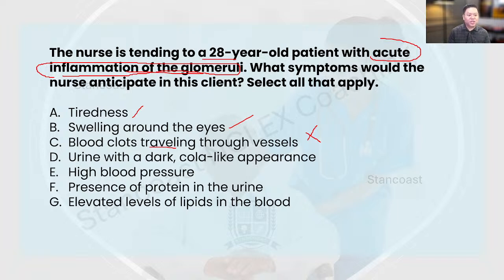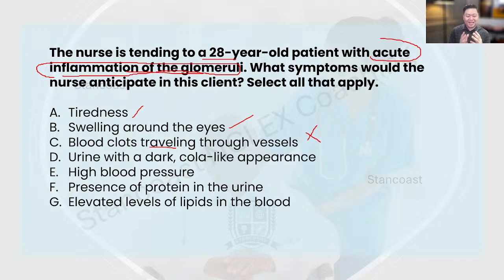Now, letter D, urine with a dark cola-like appearance. Did we mention that yesterday? Yes. So, the presence of the cola-colored urine, this is basically what hematuria is all about. There is leaking of the red blood cells into the urine.